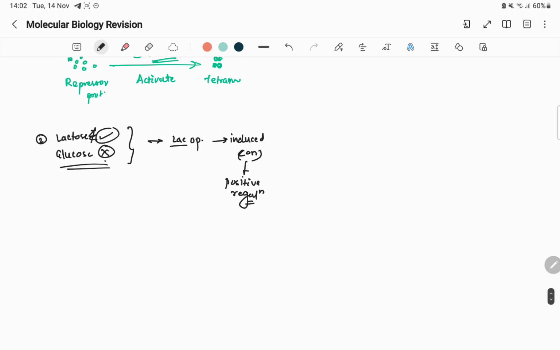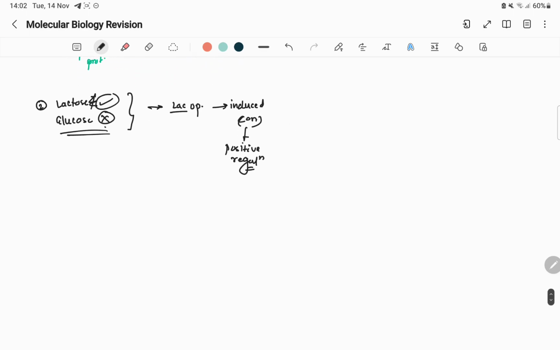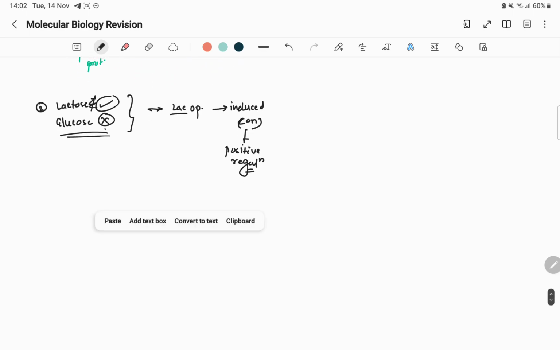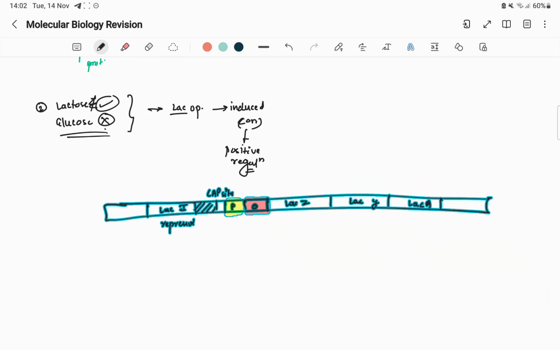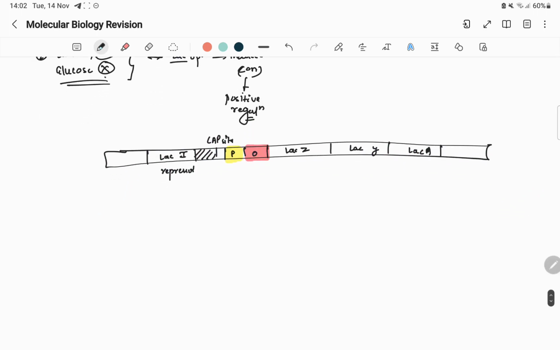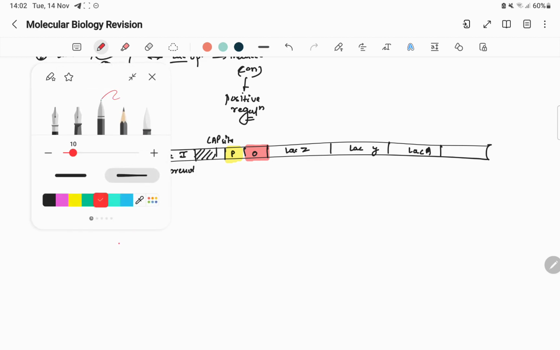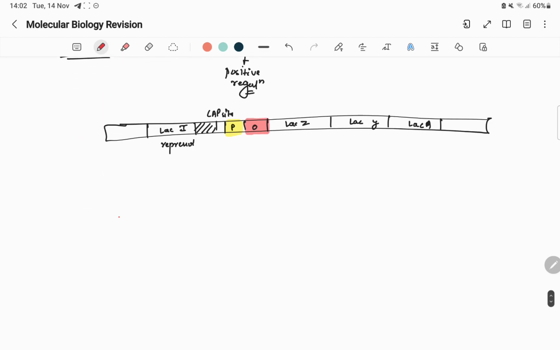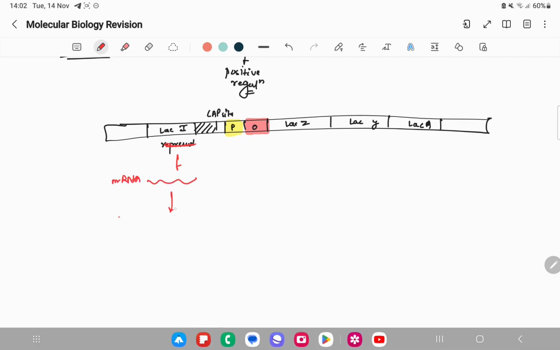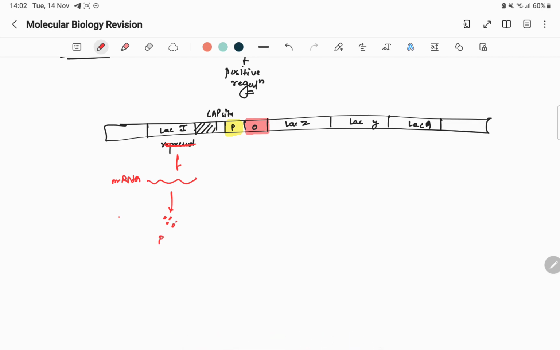In this positive regulation, let's draw the linear array again here. Of course, the lac I is a constitutive gene. It will produce the mRNA, and the mRNA will obviously produce the repressor protein.